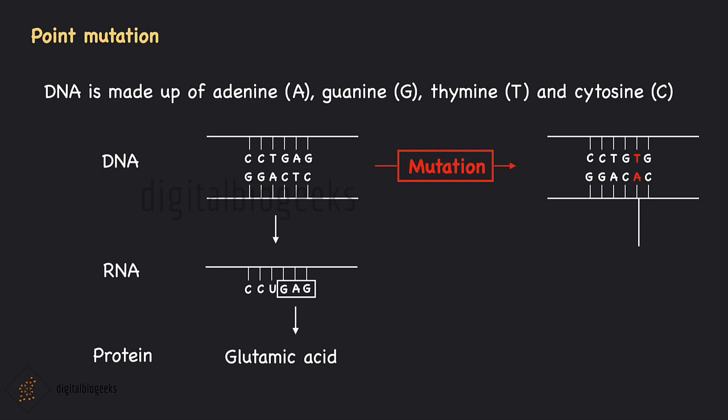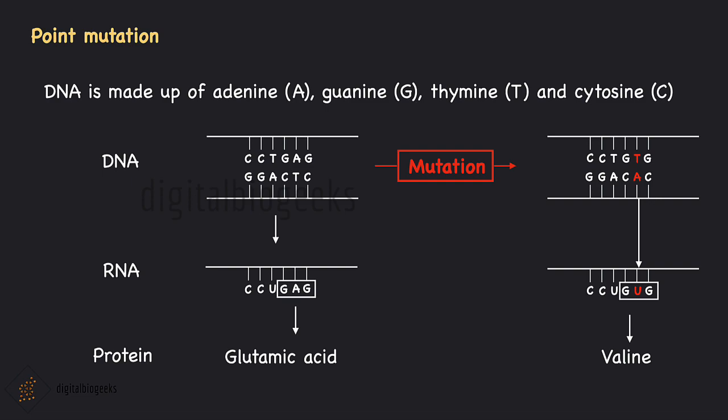Then the RNA sequence will also change accordingly. For example, GUG instead of GAG, because uracil in RNA pairs with adenine. Hence, the triplet code will change to GUG from GAG. GUG codes for another amino acid, valine, instead of glutamic acid.